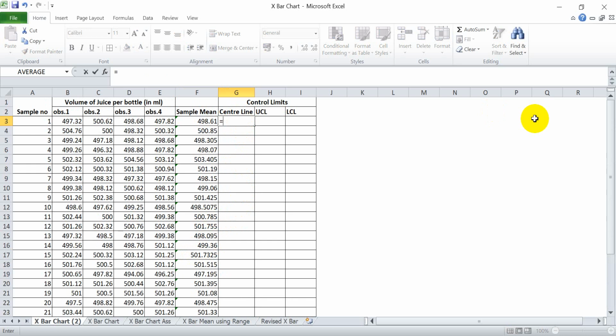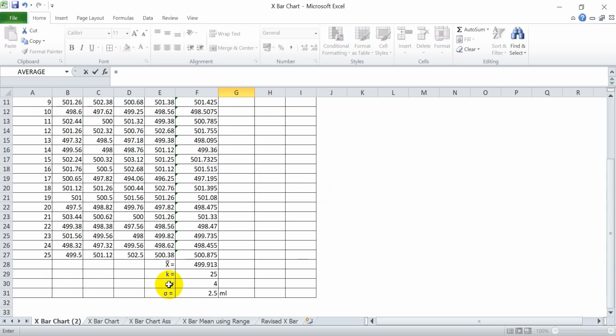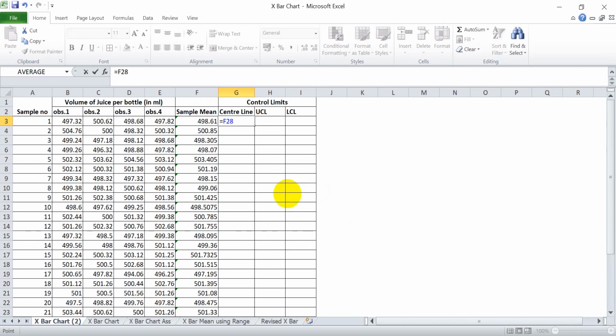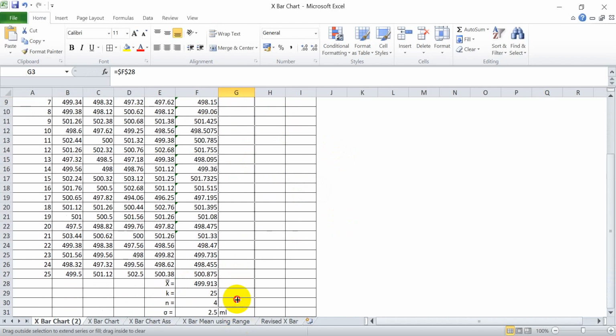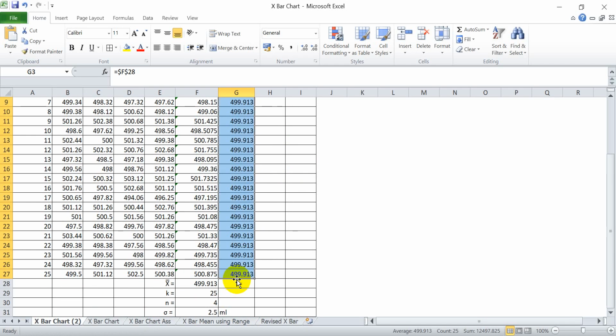So that this value does not change, we freeze this cell. As usual, just drag it to 25 samples. Yeah, okay, we got our center line.